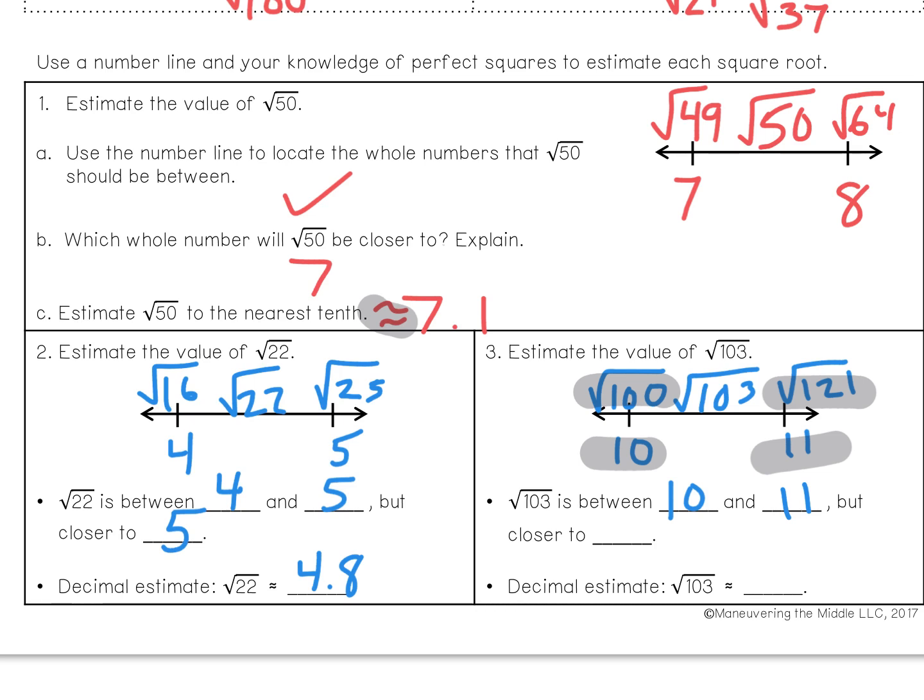Raphael, it's closer to which one? 10. And what's a decimal you would guess? 10 point what? Is it closer to 10 or closer to 11? Oh, like 10.2. Okay, 10.2.